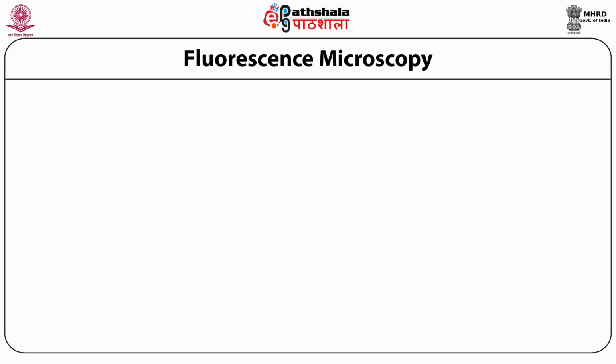fashion. So in fluorescence microscopy, you shine light on the sample, and if the sample has regions which can absorb this excitation light and are able to emit light which is different from the incident light, then this sample is highly useful for fluorescence microscopy.